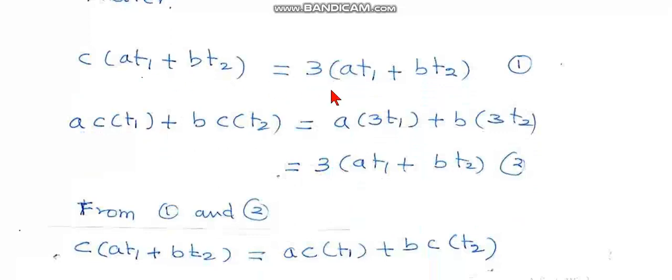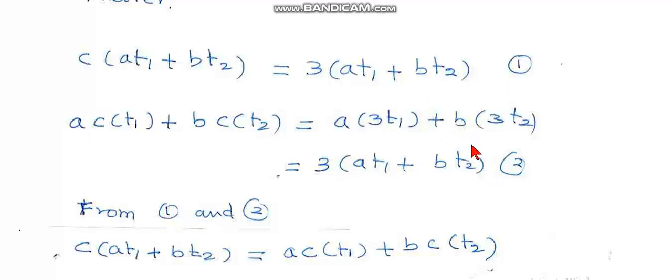See, this equal to this equal to this, these are equal, so these two must be equal. This equal to this by the definition of the function C, and this equal to this by virtue of the definition, because C of t1 equal to 3t1, C of t2 equal to 3t2, and 3 may be taken out, so this is 3 into (at1 plus bt2).